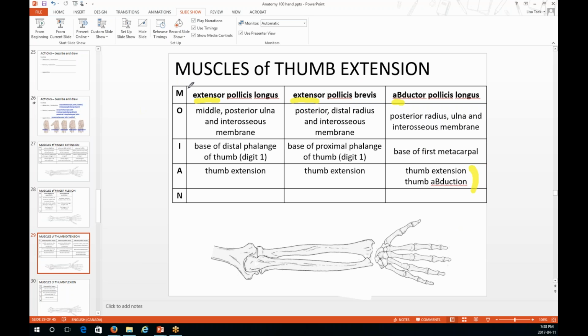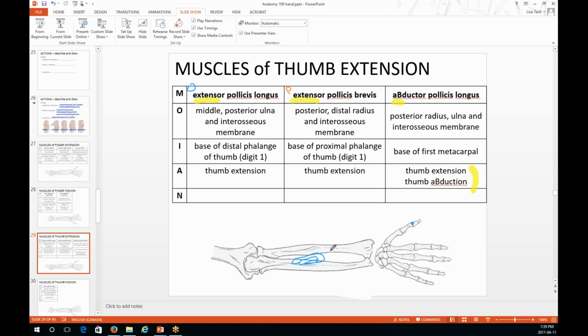So we'll do extensor pollicis longus: middle posterior ulna, and the interosseous membrane. Goes to the base of the distal phalange of the thumb, does thumb extension. So that was pollicis longus. Brevis, posterior distal radius.